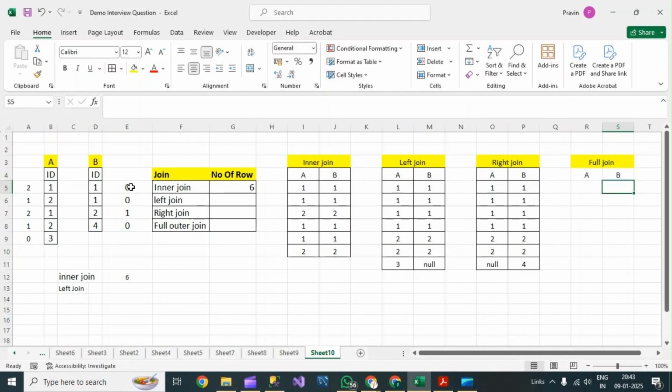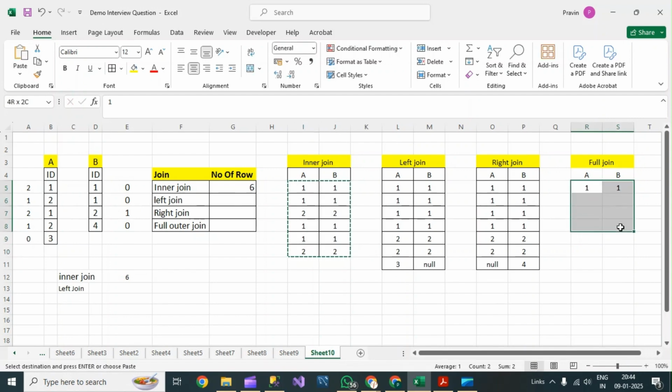Basically it works similarly: 1 matches with 1, and so on, the same operation as for the inner join, left join and right join. So the same output is taken up to here.